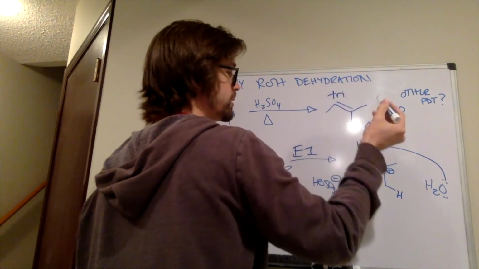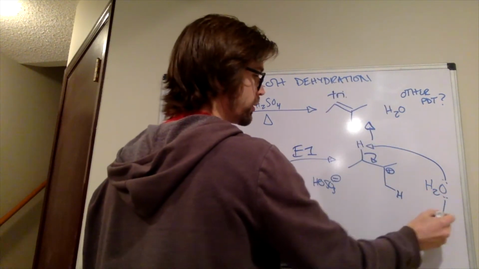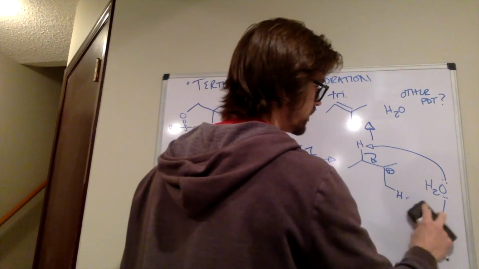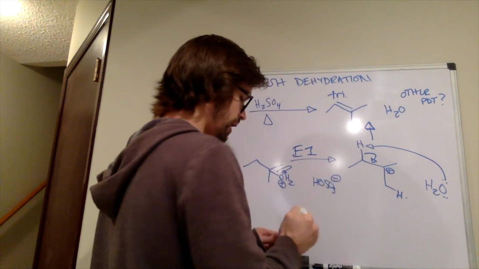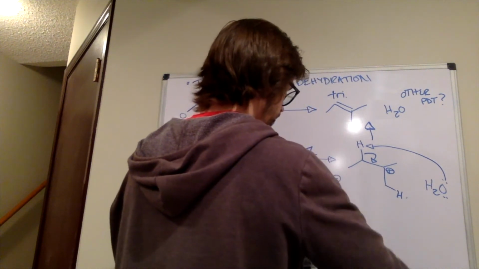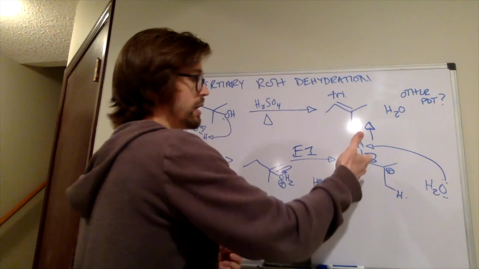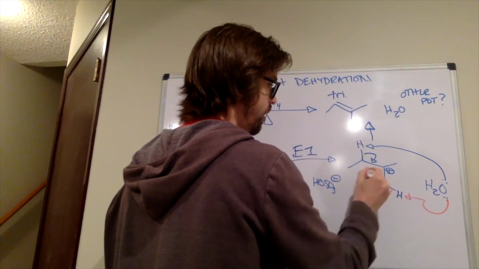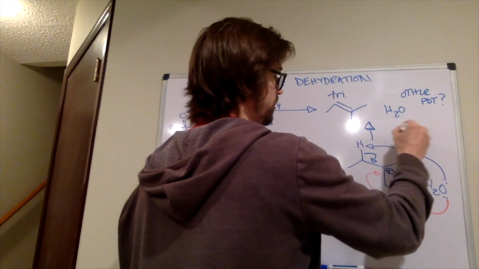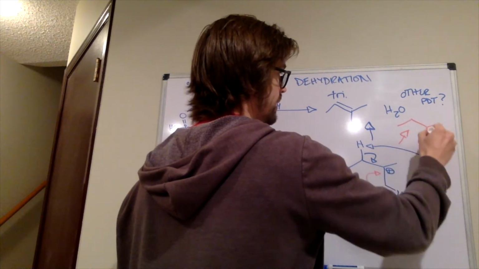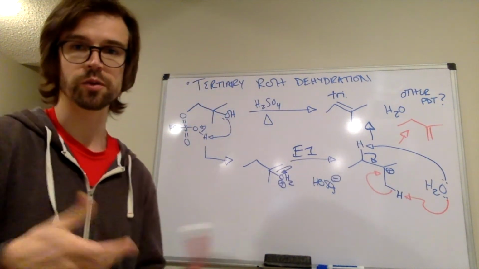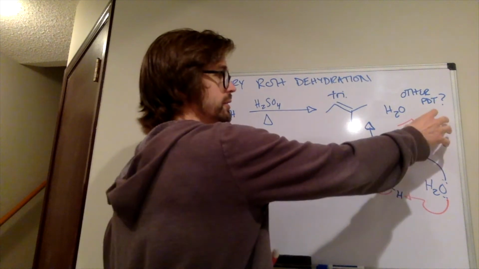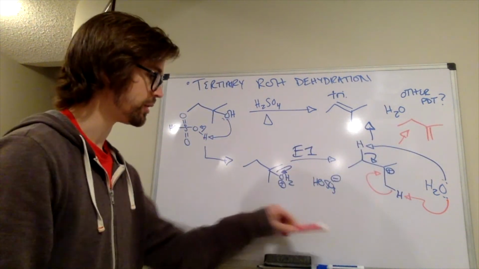This is tri-substituted, but if the water molecule instead were to grab that proton, I'm going to use a different color just to indicate that there are different things that are happening. So maybe 90% of the molecules do that, but also some percentage do this other elimination to provide a di-substituted alkene as the product. So we're going to get a mixture of products here. This is going to be the major product because it's tri-substituted. This is a minor product because it's di-substituted.